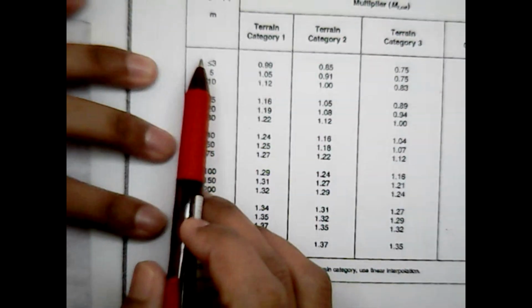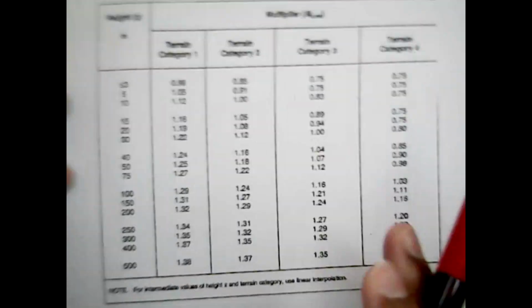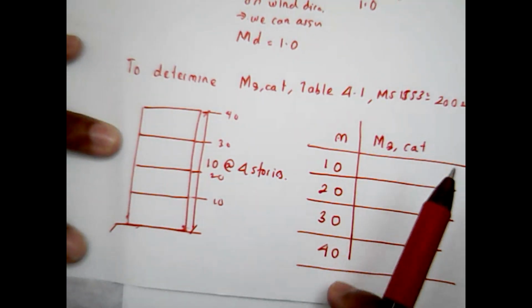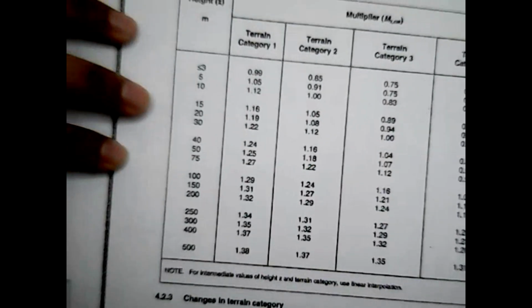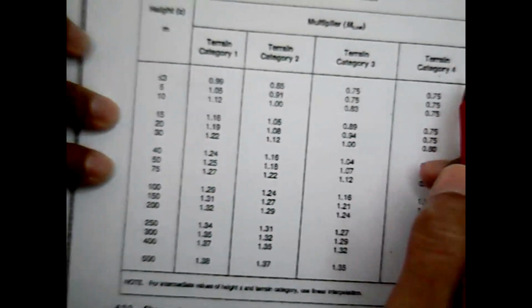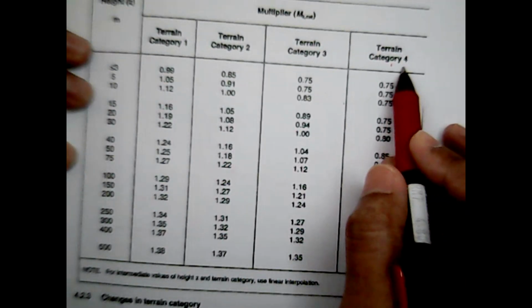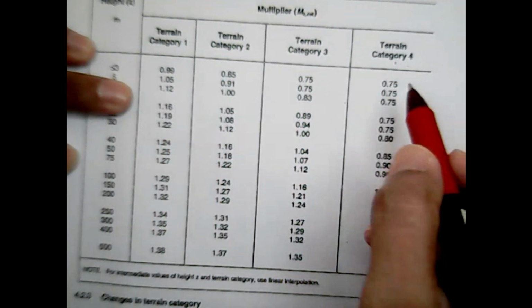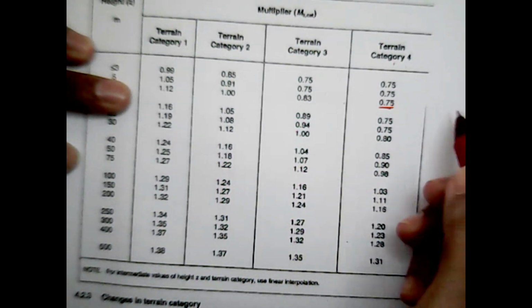So for the height, you have 10, 20, 30, and 40. Now we look at terrain category 4. For a 10 meter height it gives you 0.75.